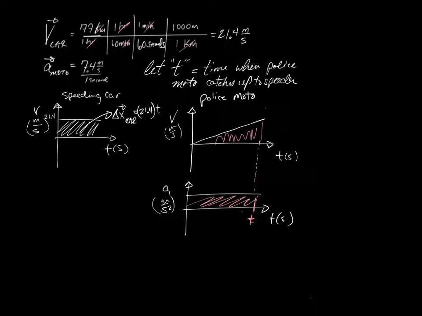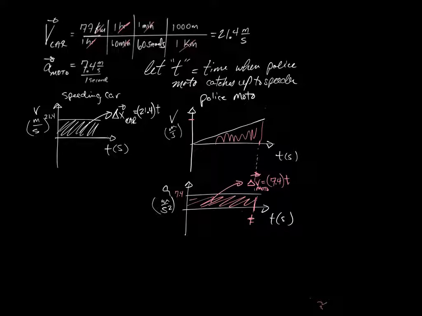That means this height of the triangle right there should correspond to the area of our acceleration graph, our change in velocity for the moto, right? Again, we know its acceleration is 7.4 meters per second squared, so the change in velocity for the moto is 7.4 times t, where t is the time to catch up to the speeding car.